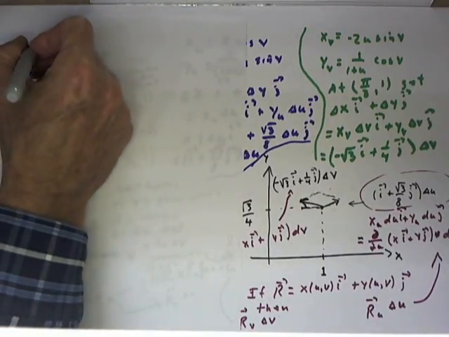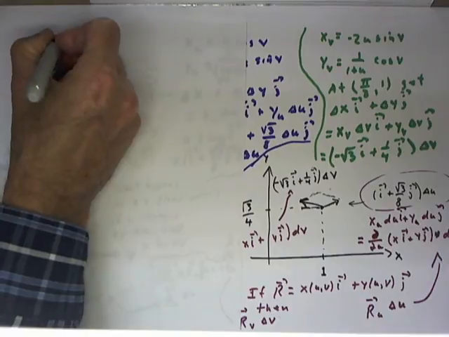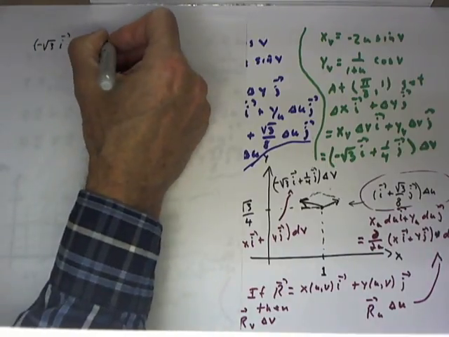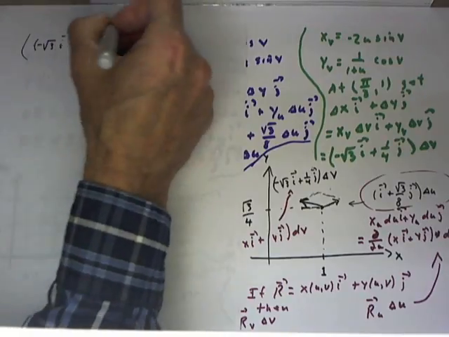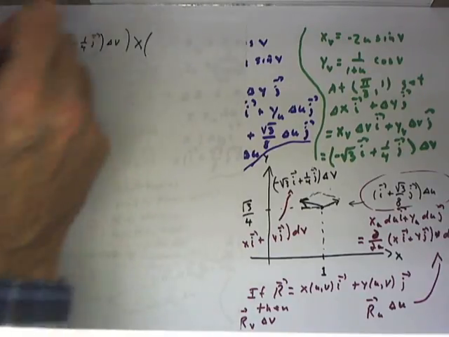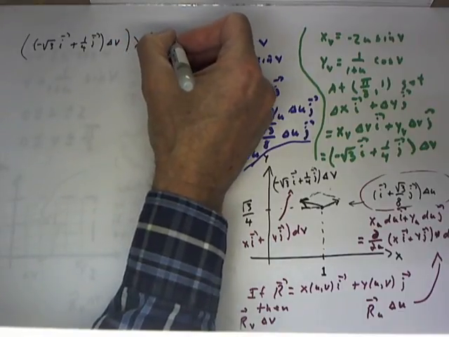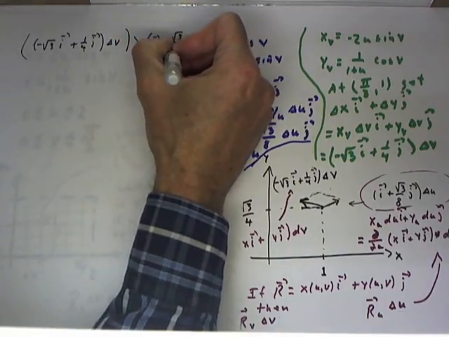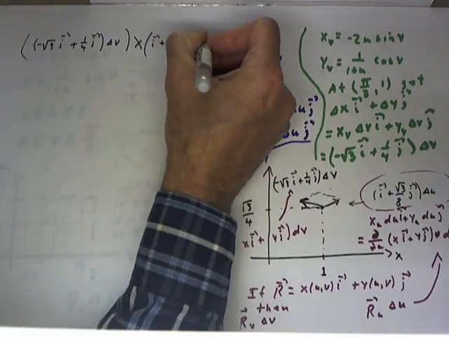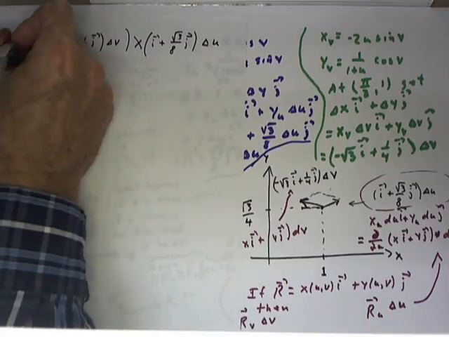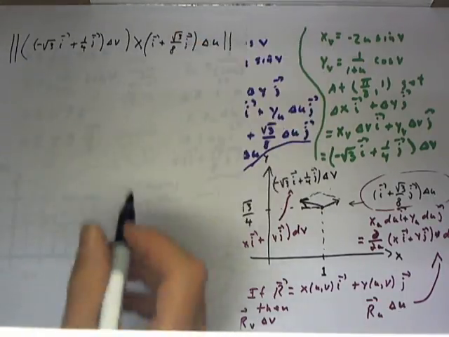So we have negative square root of 3 i plus 1/4 j delta v, crossed with i plus square root of 3 over 8 j times delta u. We're going to want the magnitude of that cross product.